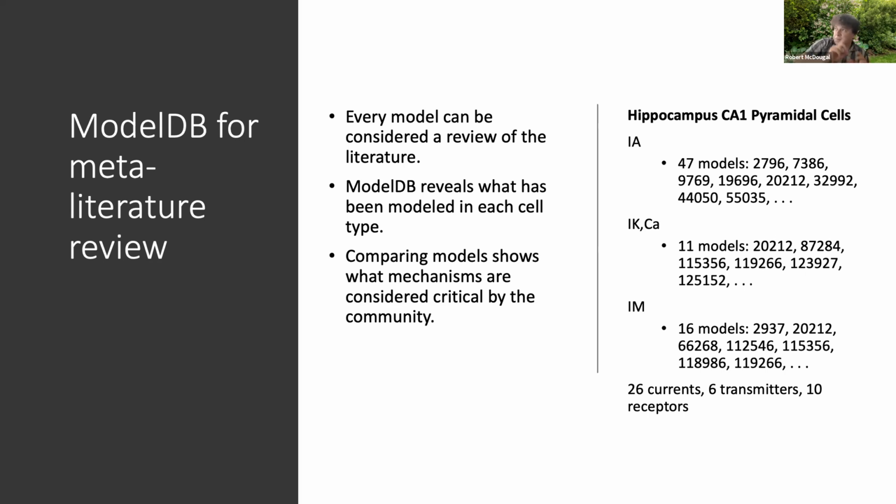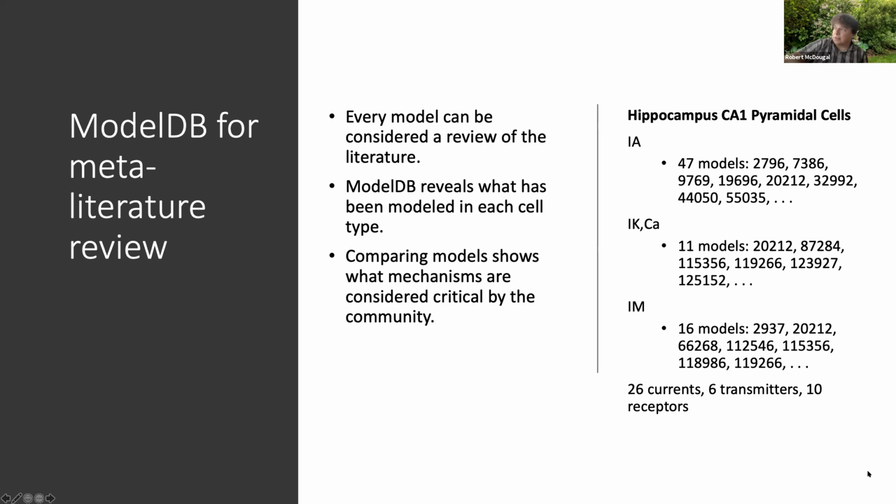But there's 47 models that have just CA1 pyramidal cells that include an A current. Maybe an A current is pretty important. And there's a total of 26 different channels, currents, that you can find across ModelDB that have been mentioned and that are included with a CA1 pyramidal cell.